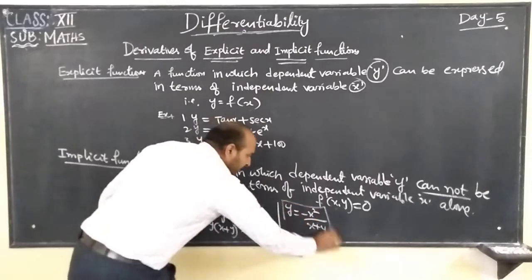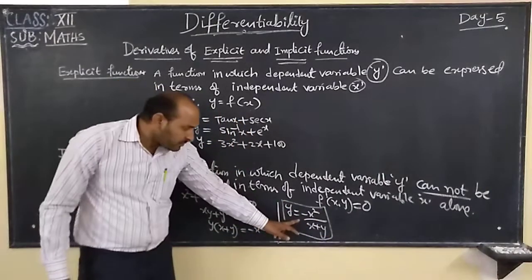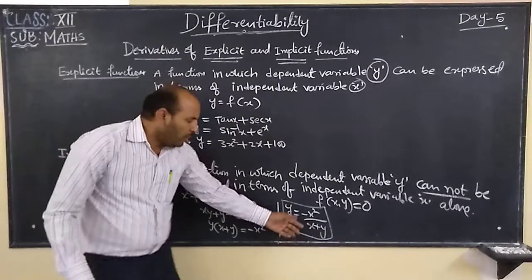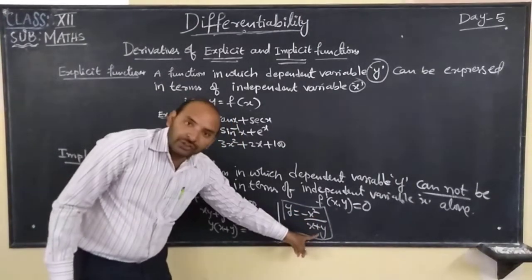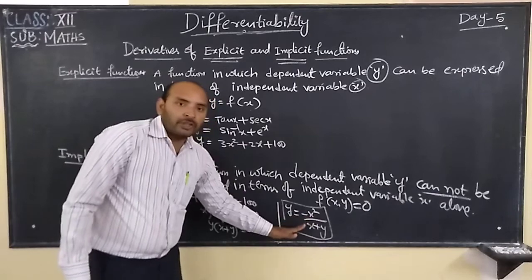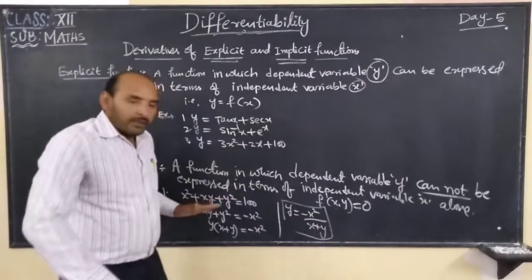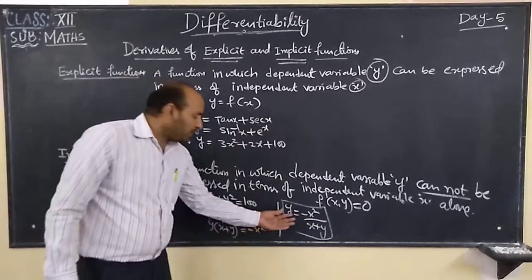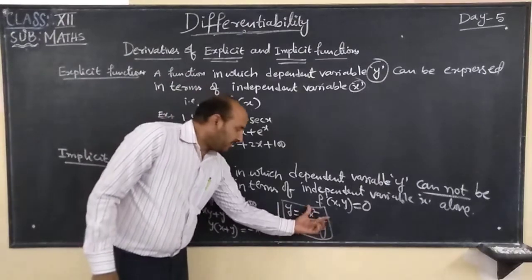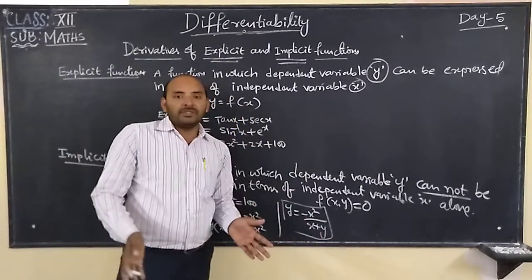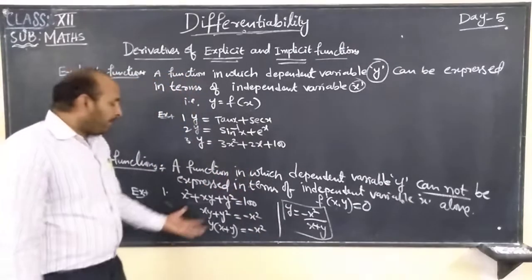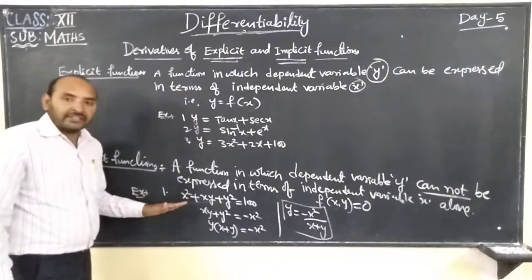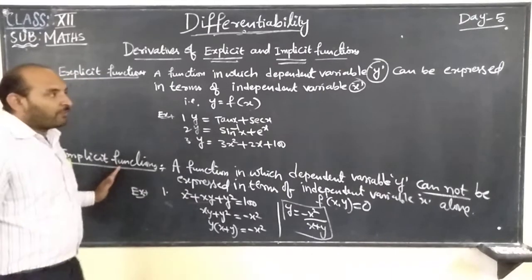So in this function we cannot write the independent variable x alone, because the right hand side involves the x variable and also the y variable. So it is not possible to write the explicit form, since y is separate but the right hand side involves two variables. So this type of example is nothing but the implicit form.